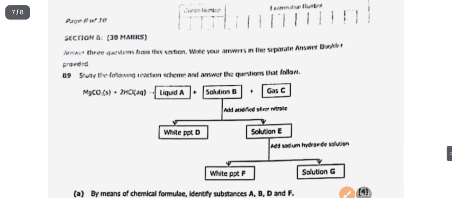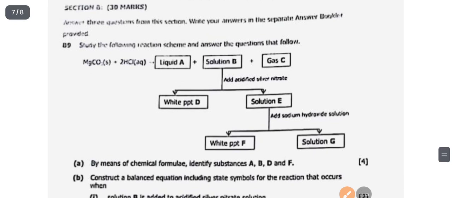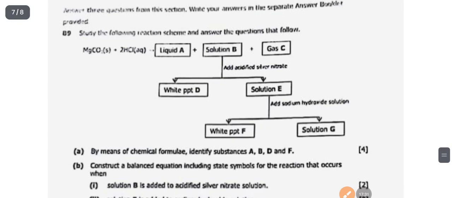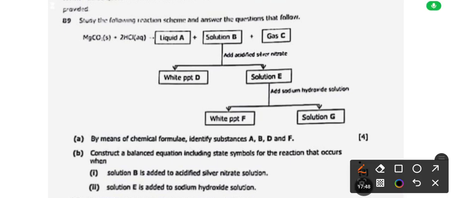Answer 3 questions from this section. Write your answers in the separate answer booklet provided. Study the following reaction scheme and answer the questions that follow. Question A. By means of a chemical formula, identify substance A, B, D, and F. As we can observe here, when magnesium carbonate reacts with hydrochloric acid, three products are formed.